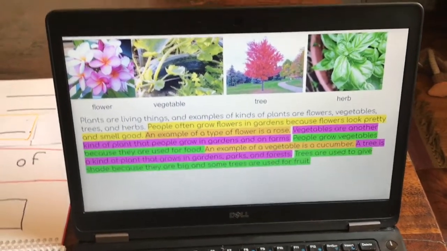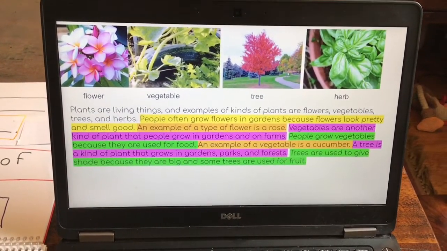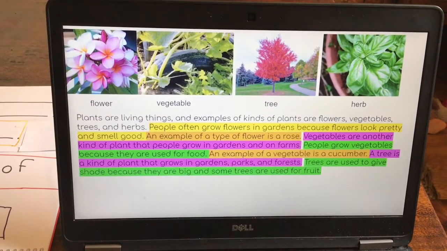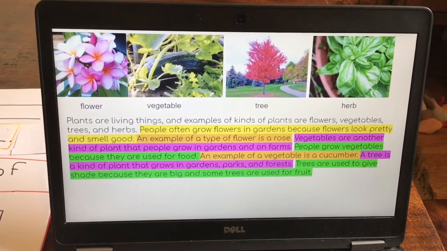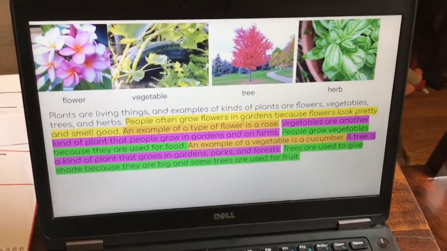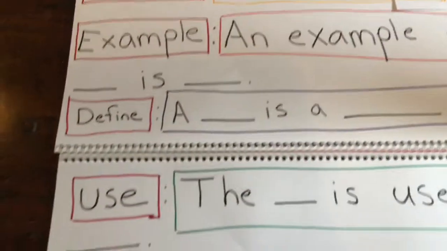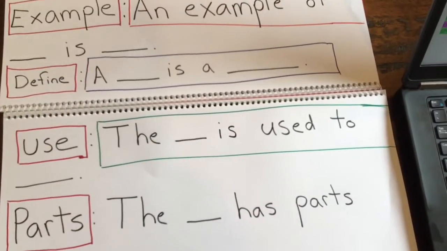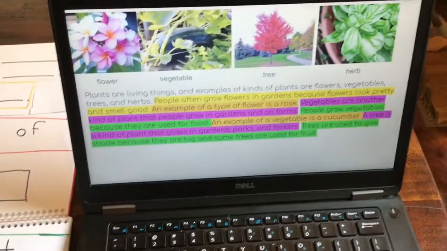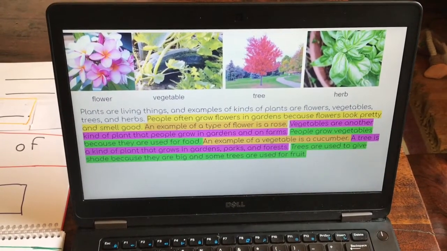This one is another use. I used the elaboration technique of use. Trees are used to give shade because they are big, and some trees are used for fruit. I used it twice. So if you look at our sentence frame, the is used to, I didn't stick with it exactly, but pretty close.